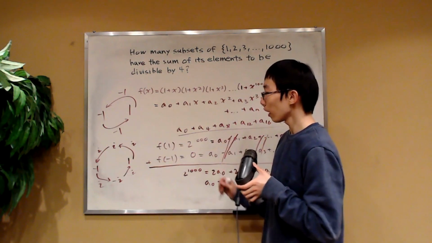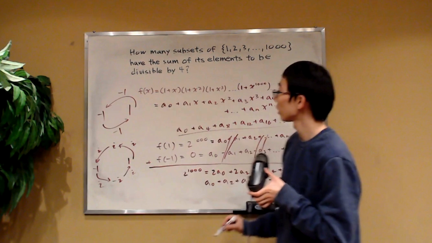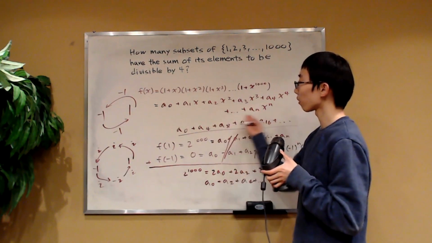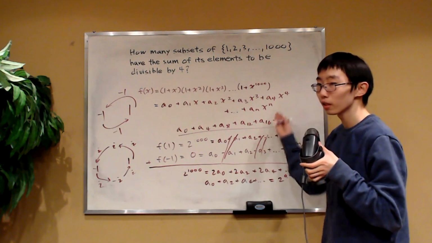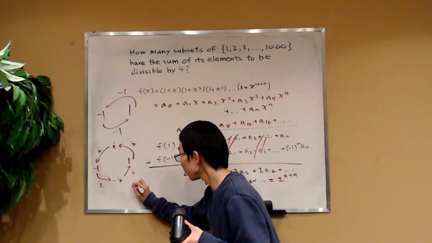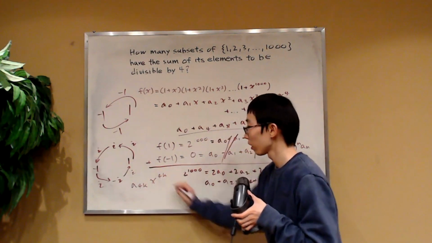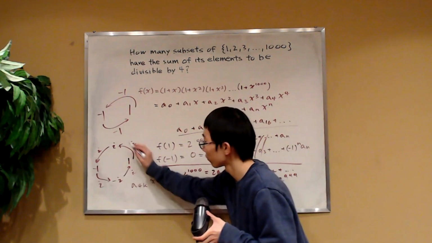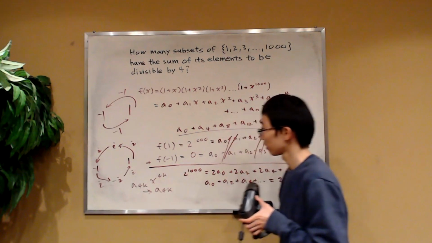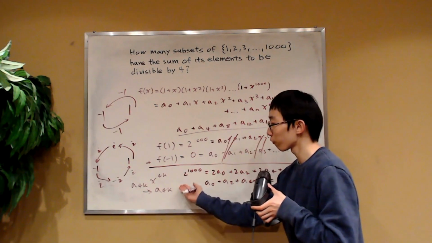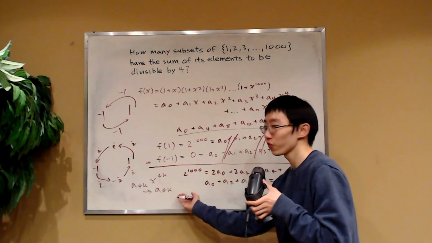So therefore, if you were to take any of these 4 values and plug it into f of x, and consider the standard form of the polynomial and each individual term, then notice that for every single term with degree a multiple of 4, plugging in any of these 4 values for x would just get you the coefficient. And this is what makes them so good for filtering out every coefficient with a multiple of 4.